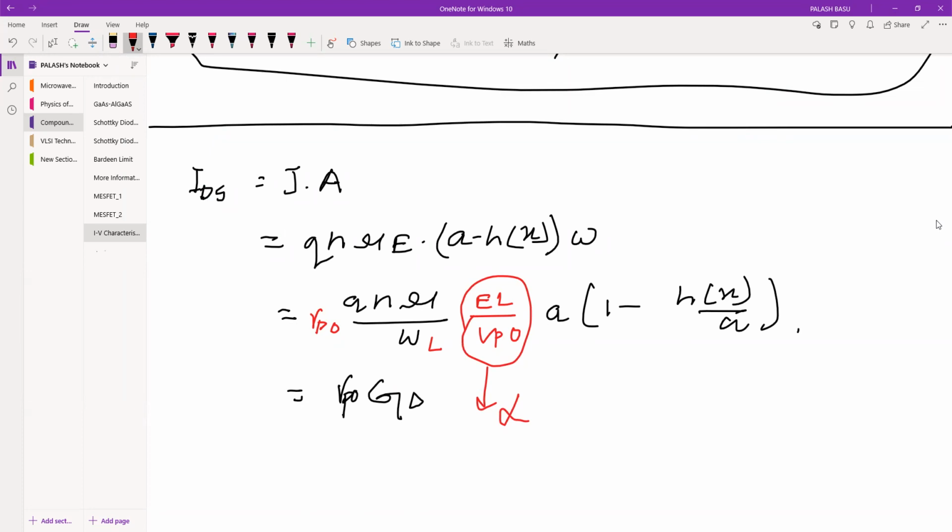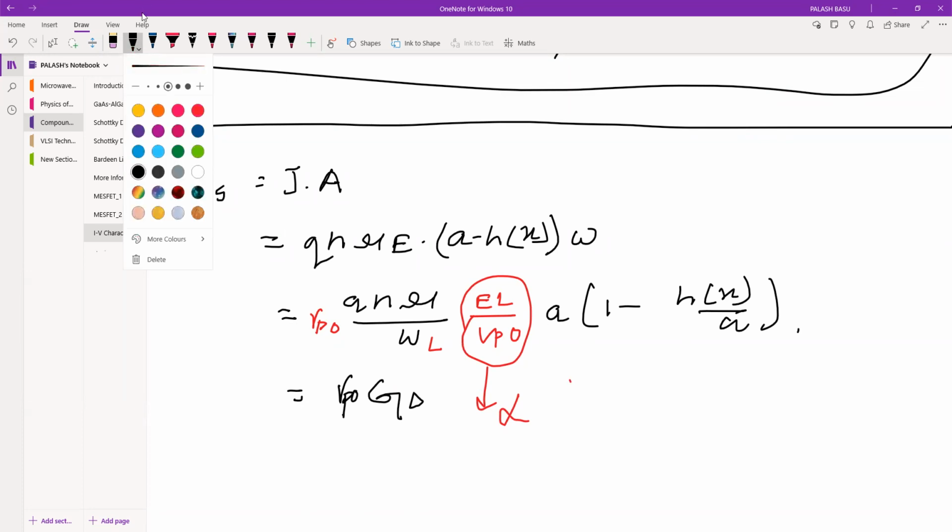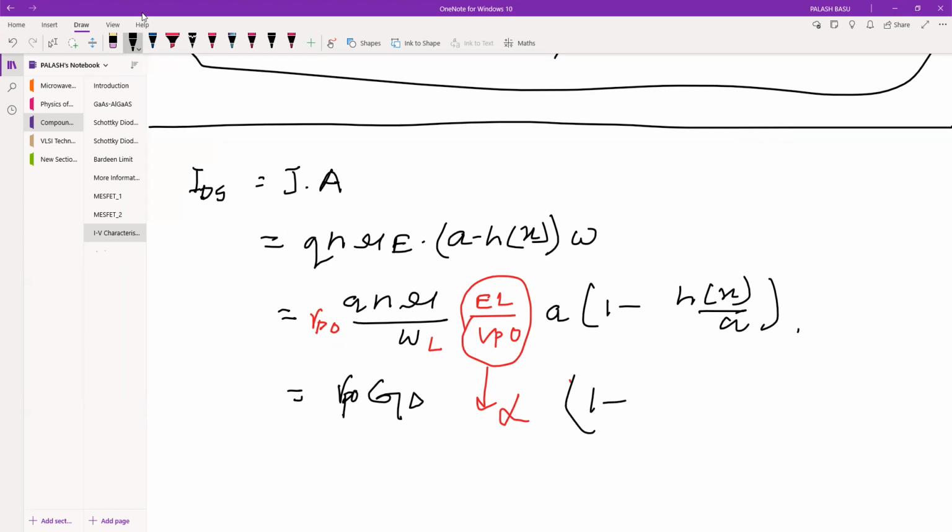So alpha into GBI minus VGS, VDSAT, VBI minus VGS. So we have done this as the other thing.